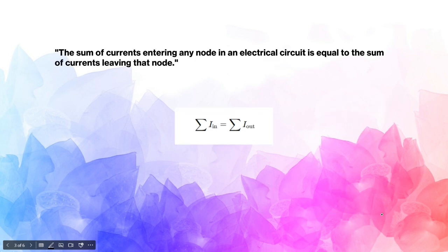It can be expressed in a slightly easier way: the sum of currents entering any node in an electrical circuit is equal to the sum of currents leaving that node. What it means, again, if I go to the same diagram, this is the node and the current is coming from different directions, and one current is exiting.